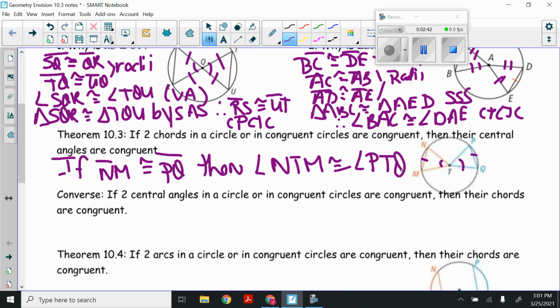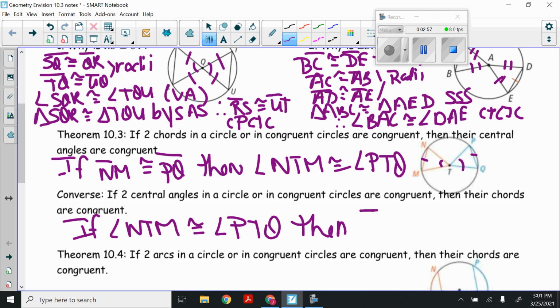Okay? The converse of that: if two central angles are congruent, then their chords are congruent. So if I started out knowing that those angles were congruent, then I would know that the segments were congruent.